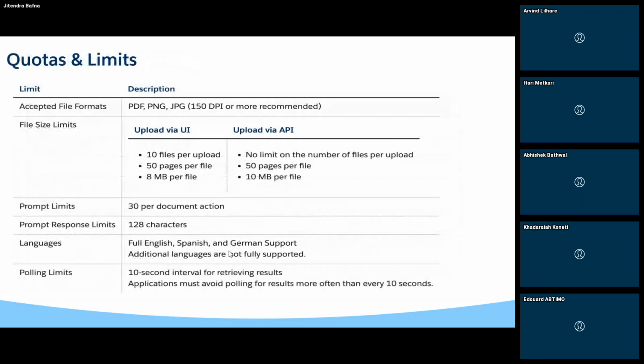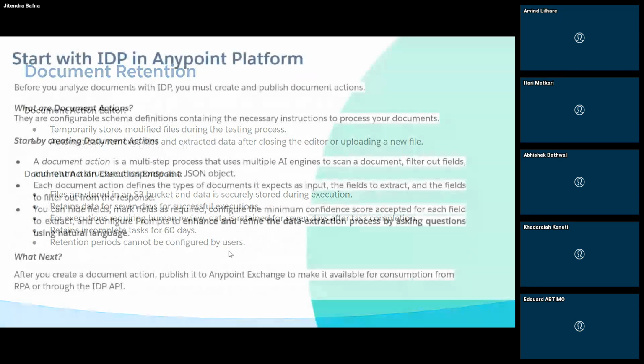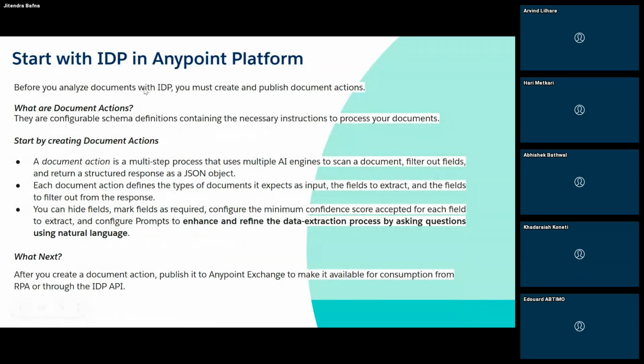We have seen that. Okay, I'm going back. So I will now go to document action, as I mentioned. With document action, you can start scanning your document and extracting the information from it. There are predefined schemas, right?